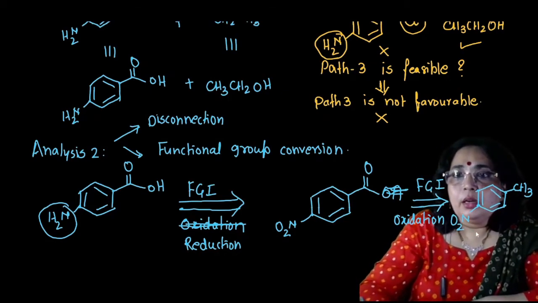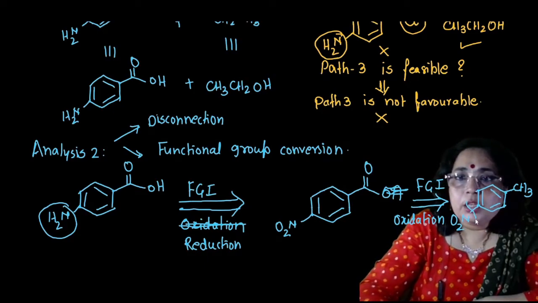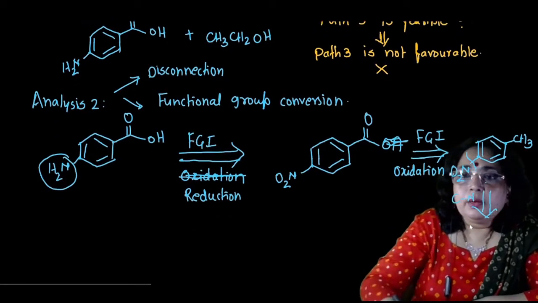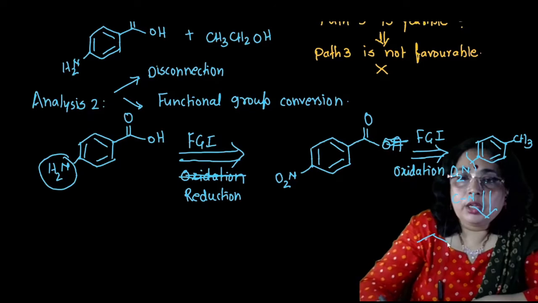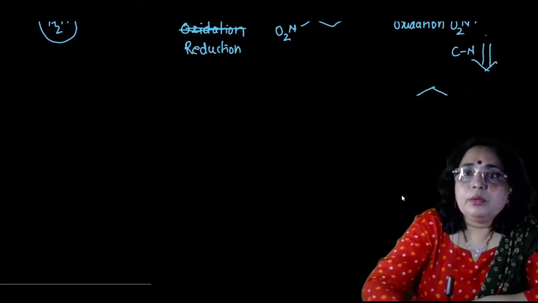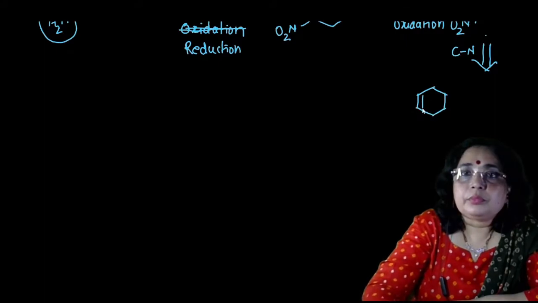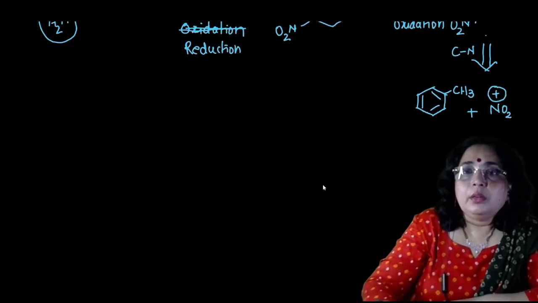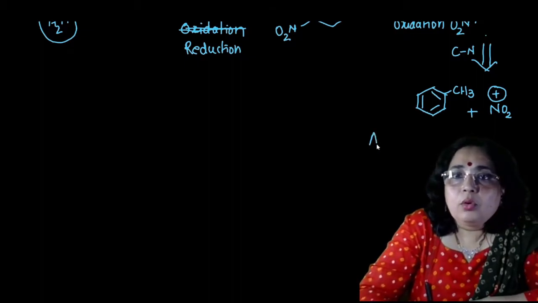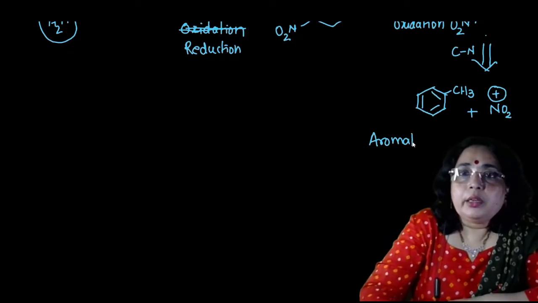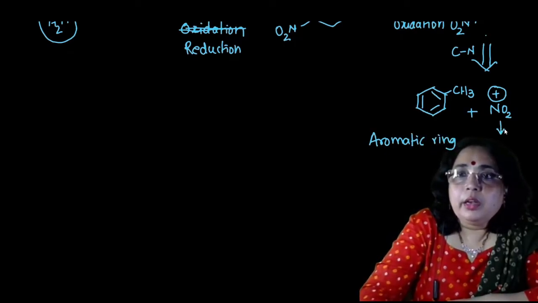Now again I can put a CN disconnection over here, and you can obtain a simpler molecule, a simple CH3 aromatic ring, and this is an electrophile.